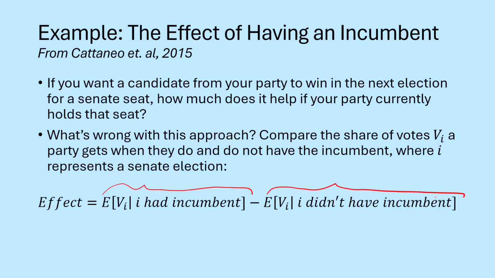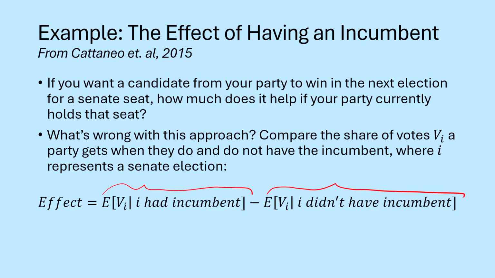I could take the difference between these two. Now, if you want to pause the video here, think about how you would describe what the problem is with finding the treatment effect in this way. I'll give you a moment to do that.